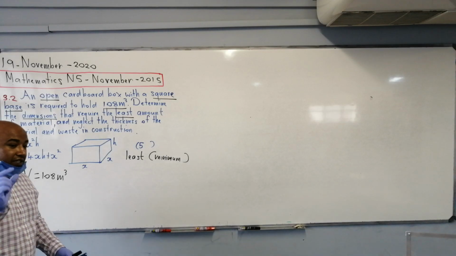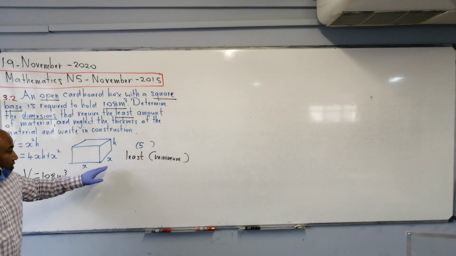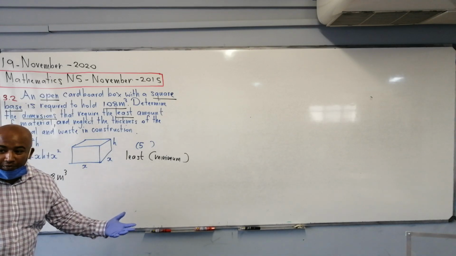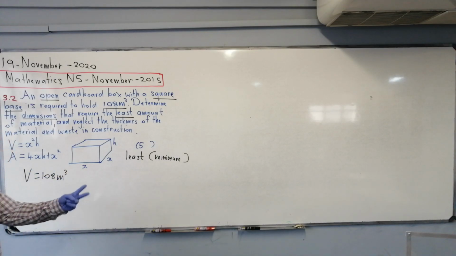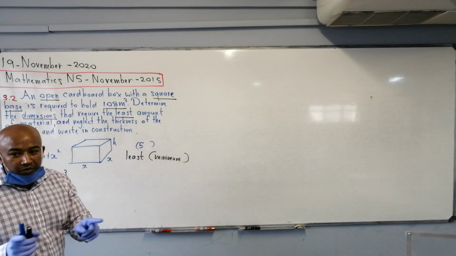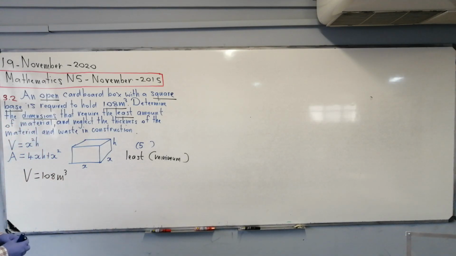If it was a closed container or closed box, then you wouldn't only have the bottom area, which is x squared, the top area would also be x squared. So therefore it would be 2x squared. Be careful. Read, is it open or is it closed? Alright, so we got that sorted out. Now, what do we do?